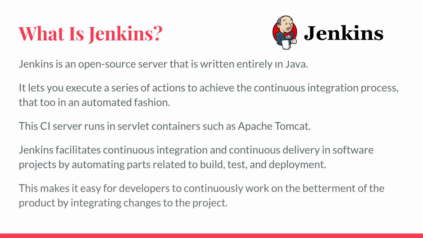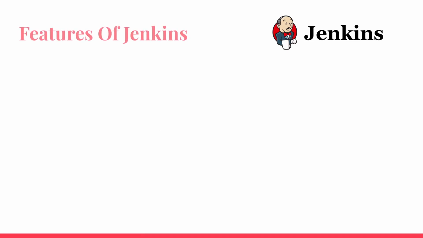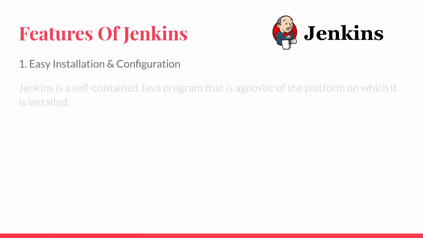This makes it easy for developers to continuously work on the betterment of the product by integrating changes to the project. Features of Jenkins. It is easy to install and configure. Jenkins is a self-contained Java program that is agnostic of the platform on which it is installed.